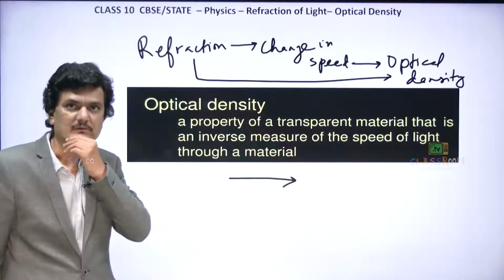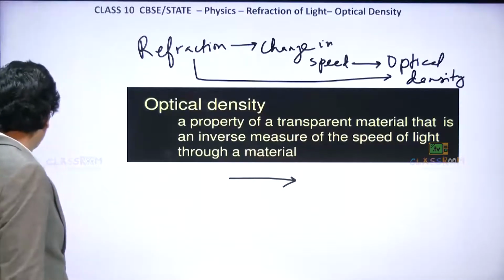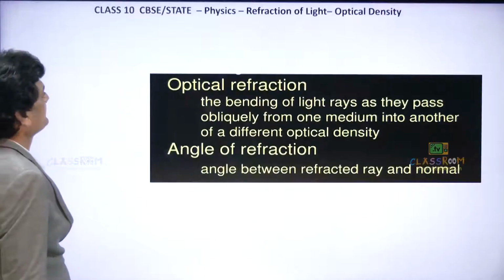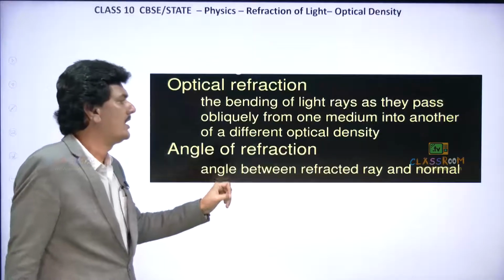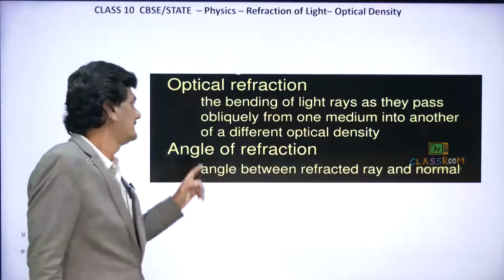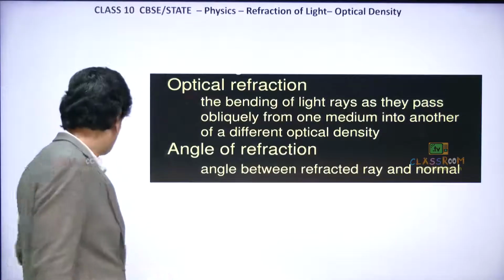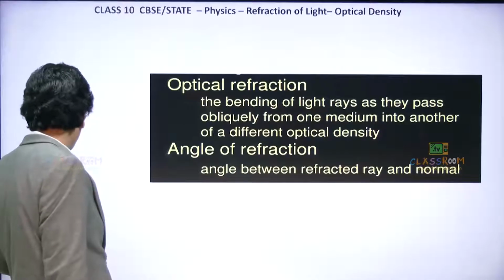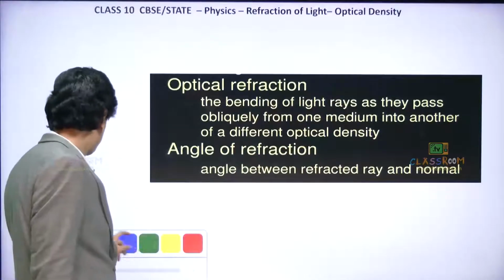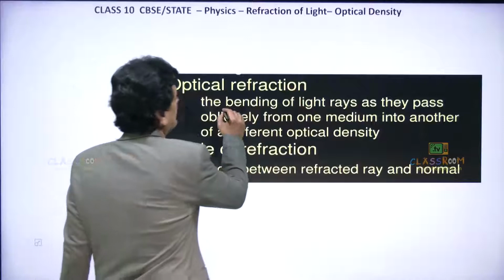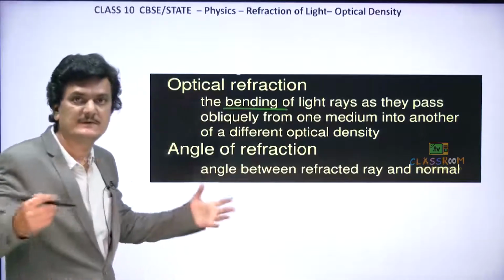What is the determining factor? Optical density is the determining factor, and therefore optical density determines the bending of the ray of light. What does optical density do? Optical density will determine how much bending is taking place. The light ray bends, and how much it is bending.